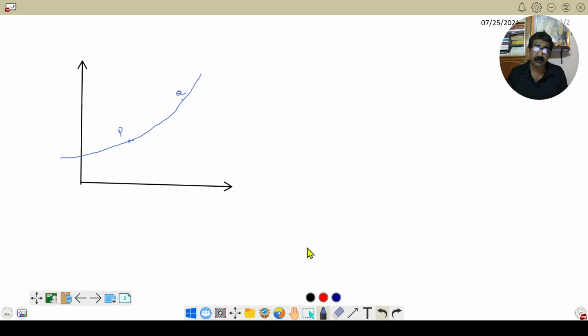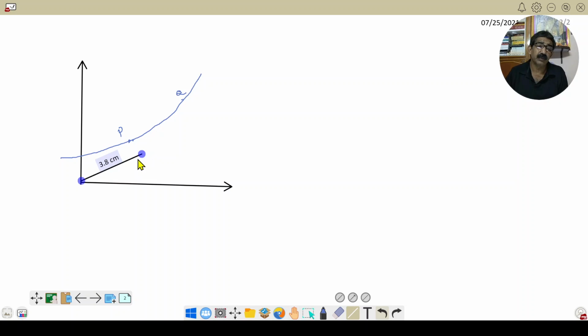And if we want to determine the slope, then we have to draw a tangent like this.